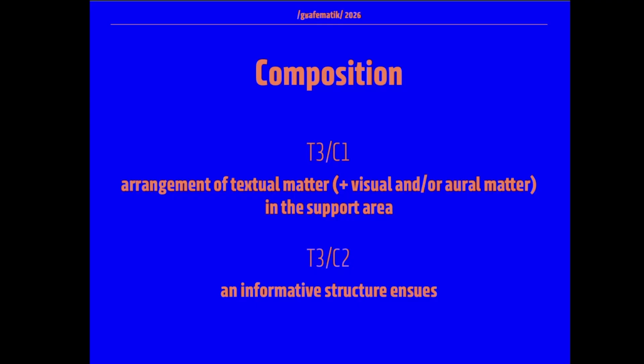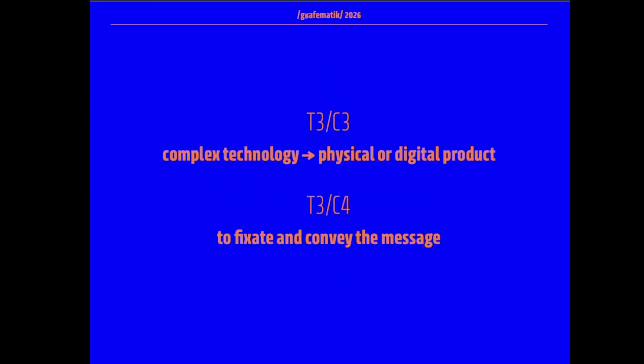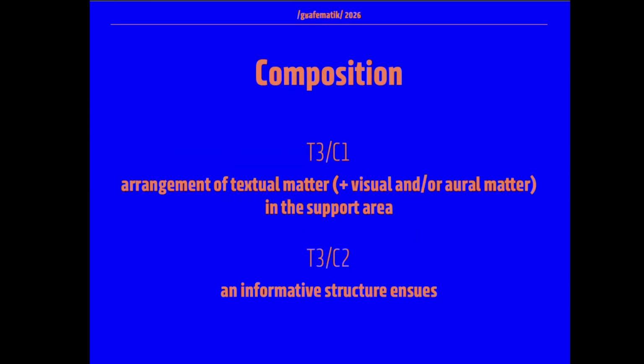Well, what is composition? Composition would be, item 1, the arrangement of textual matter, sometimes supported by visual, and in digital products, why not oral matter, in a support area, which can be physical or digital. Item 2, from which an informative structure emerges.